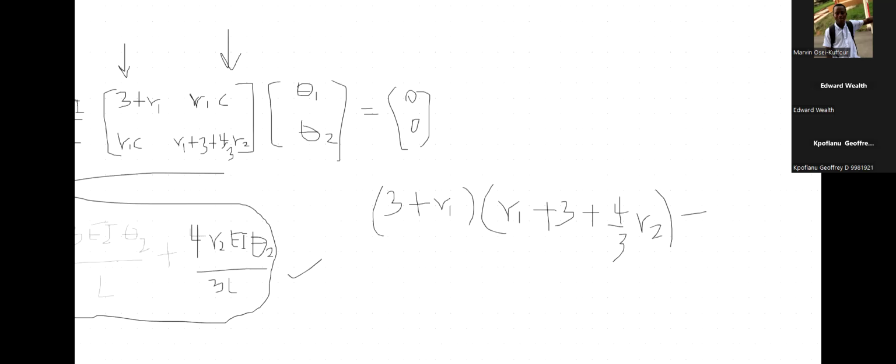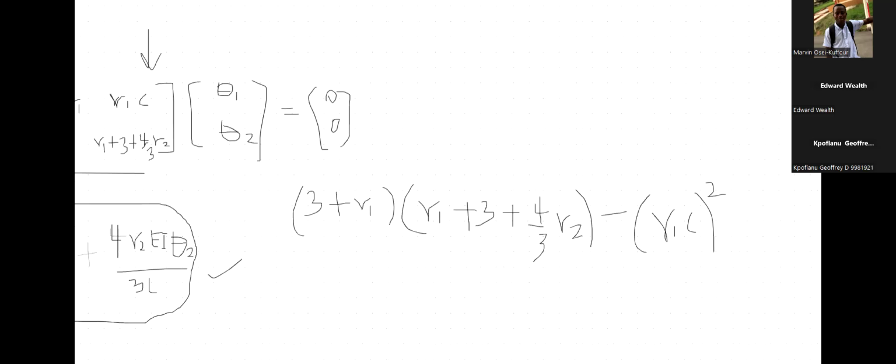Do you get it? Minus R1C times R1C, so R1C squared, equal to 0. Is that right?